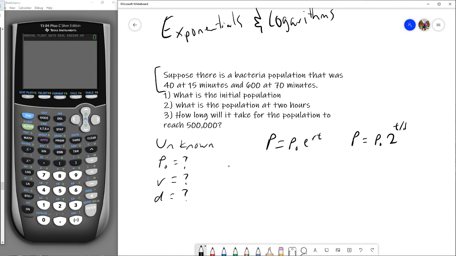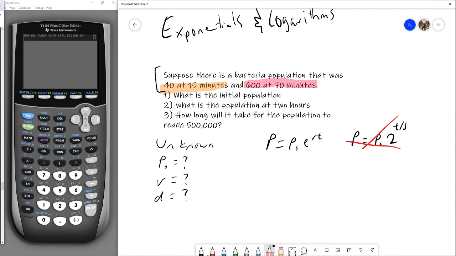So P naught, r, d, those are all unknowns. Now, I'm going to use the one with the exponential base e, the way I've numbered them. So when we look at this, we don't know P naught, we don't know r. What do we know? Well, we're given this information and this piece of information.